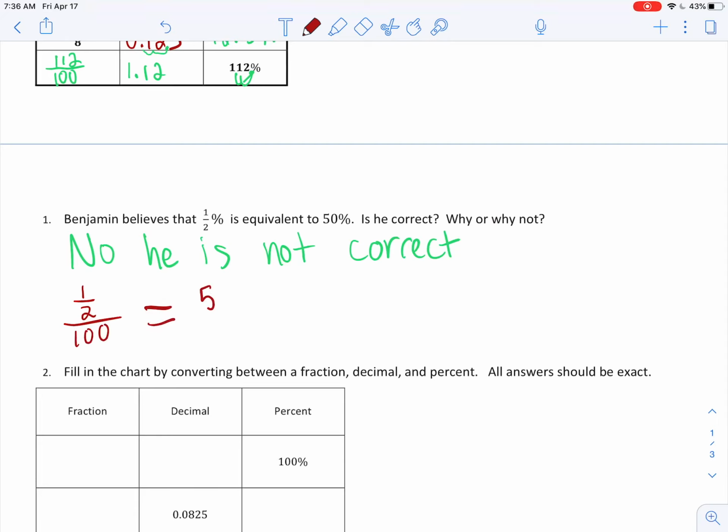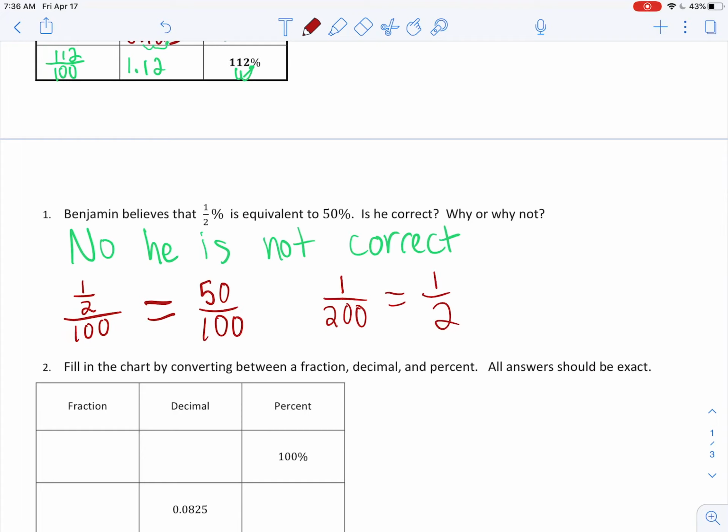Is that equal to 50 over 100? Okay, so let's put that into our calculator. So 1/2 divided by 100 would be equal to 1 over 200. Is that equal to 50 divided by 100, which is 1/2? And that's no, not the same.